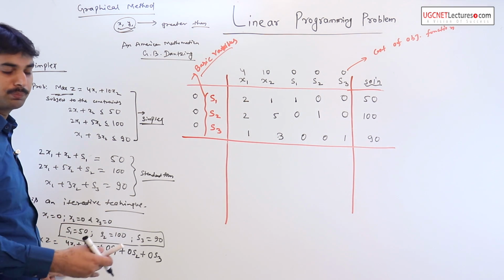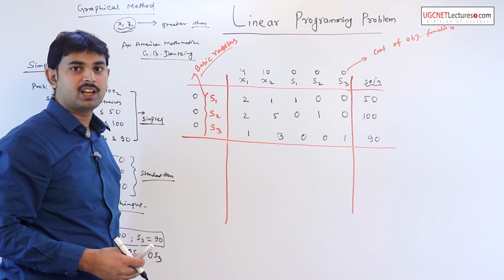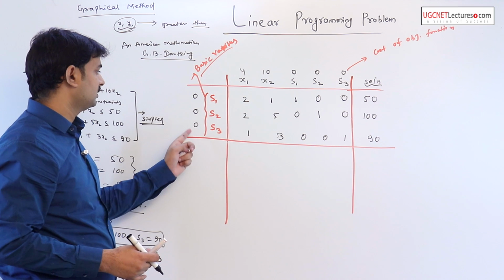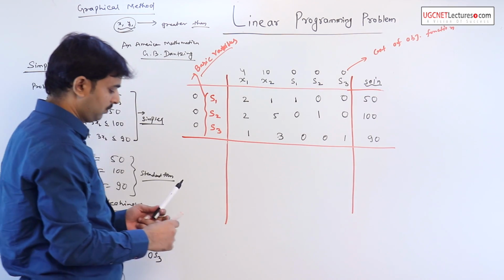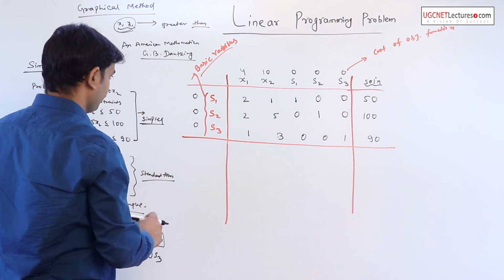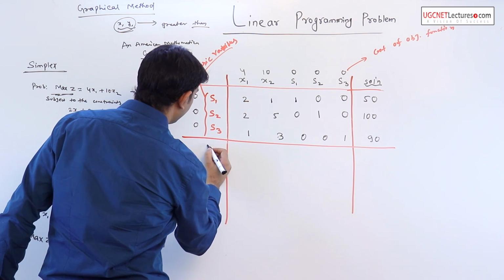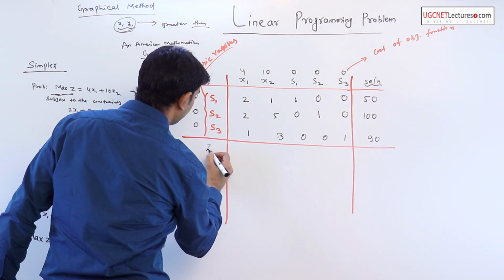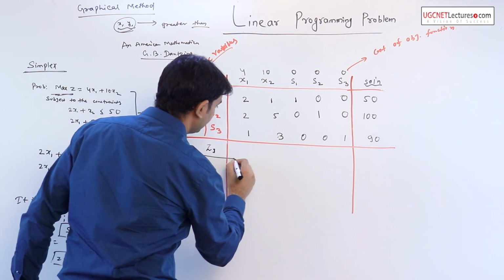Now we have to improve this solution, with starting variables s1, s2, s3 as 0, 0, 0. Now we have to calculate here zj. What is zj?